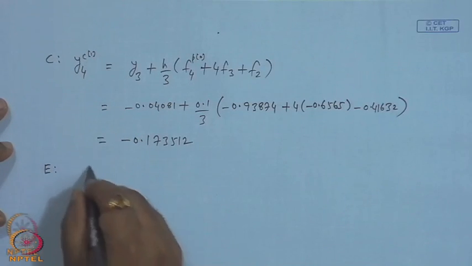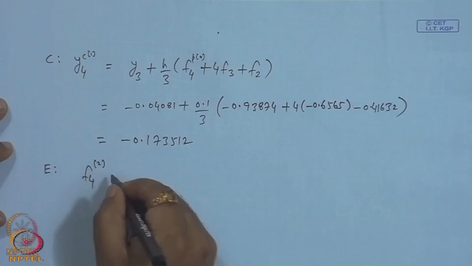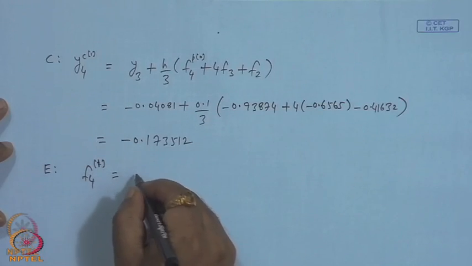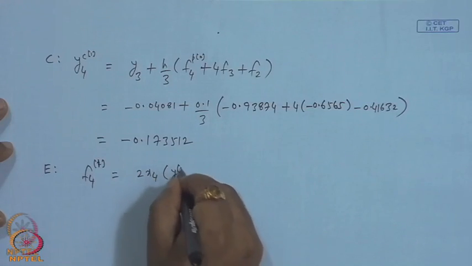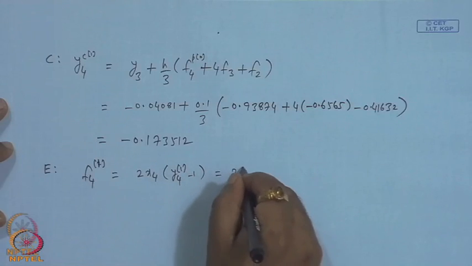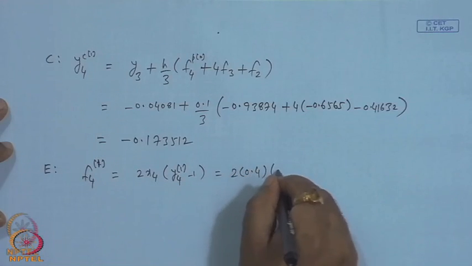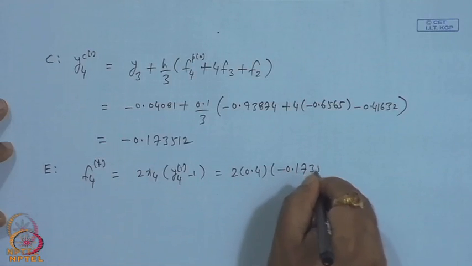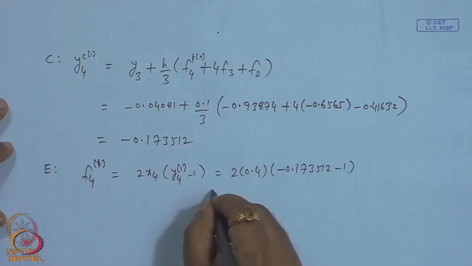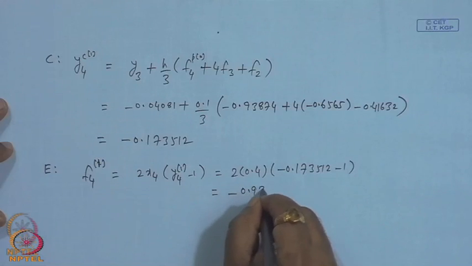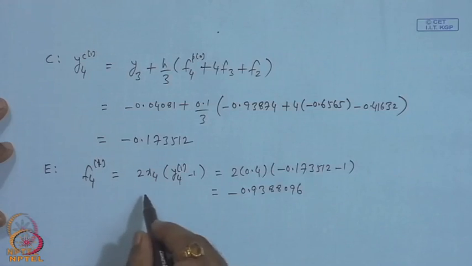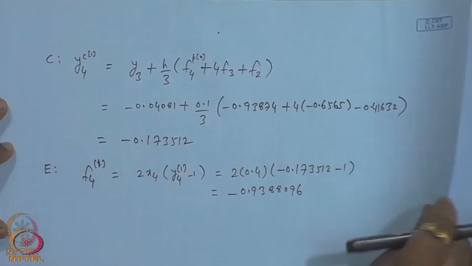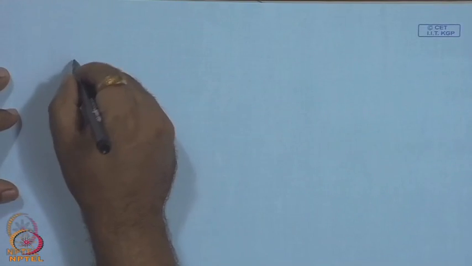We should evaluate f4. So, f4 1. Now, once we have f4 1, what do we do? We should correct it. Okay. So, how do we correct?